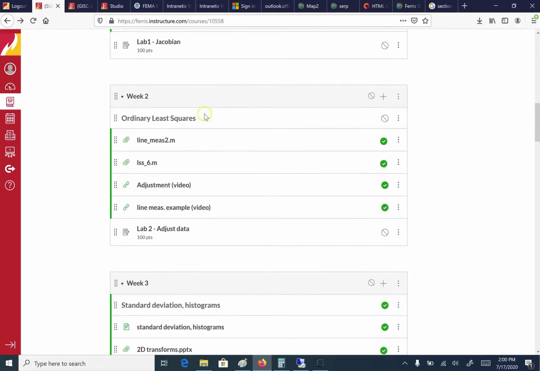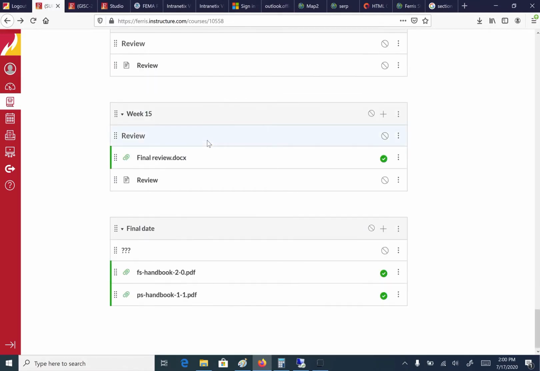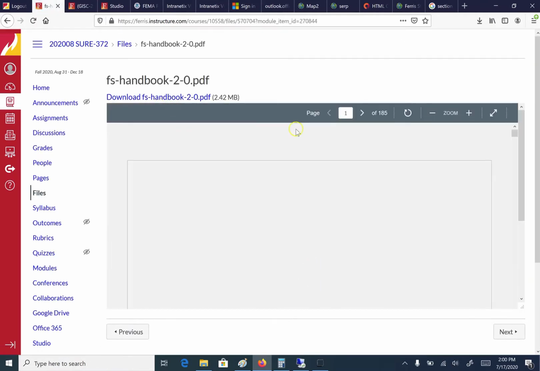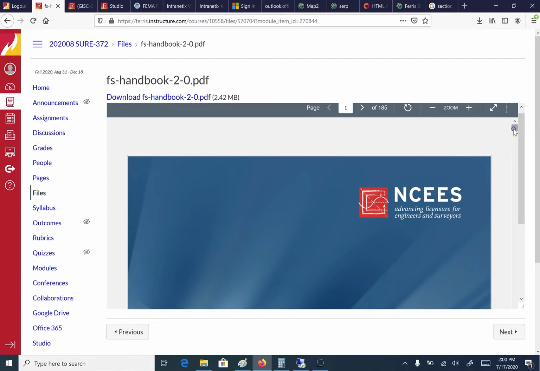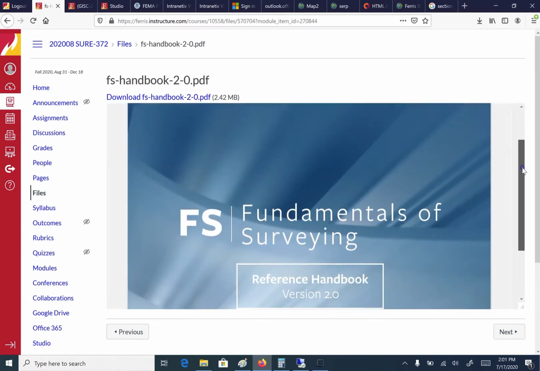And it's found in the FS handbook. This is the handbook that's allowed by NCSS to be used during the Fundamentals of Surveying exam. This is the 2020 version.